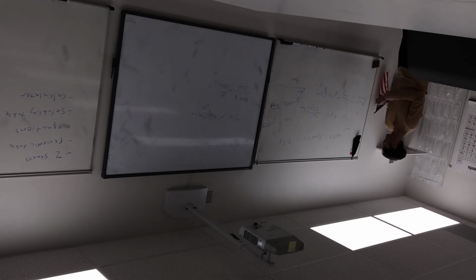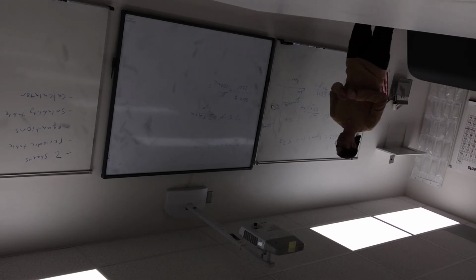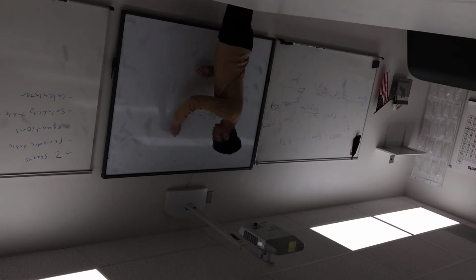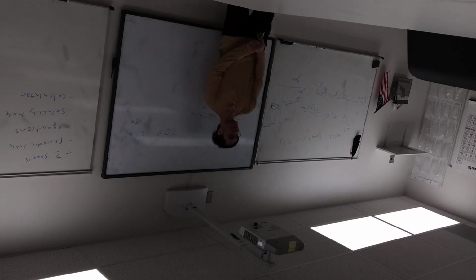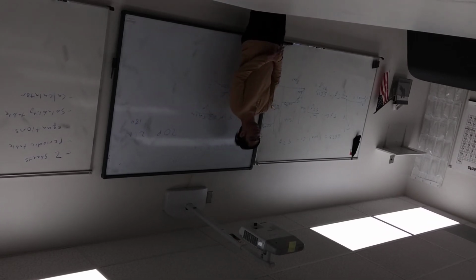Let's talk about an atom. So let's say you have 20 protons, 21 neutrons, and 18 electrons. What element is this? So how do you determine the identity of the element?